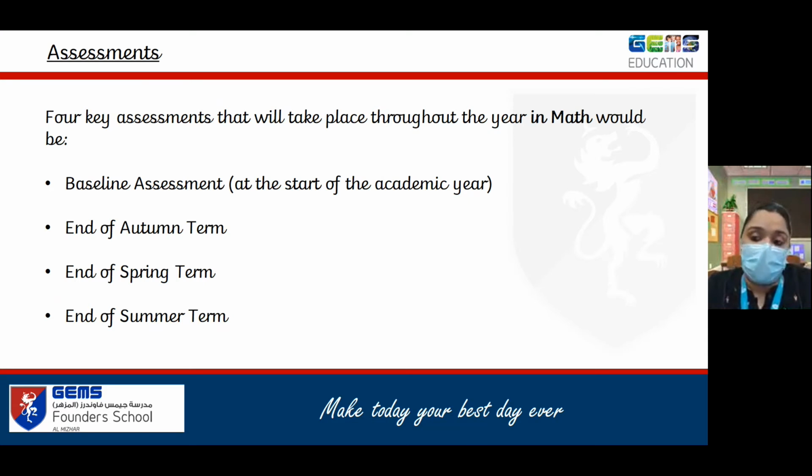It helps the teacher to understand where the child comes from, what topics the child is very well versed with, and the topics they don't understand very well. And that is how we inform the lesson plans accordingly. And then there are 3 assessments at the end of every term. So end of autumn term, end of spring term, and end of summer term. There will be 1 assessment at the end of every term throughout the year.